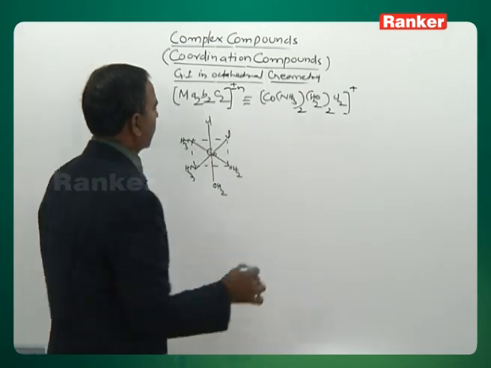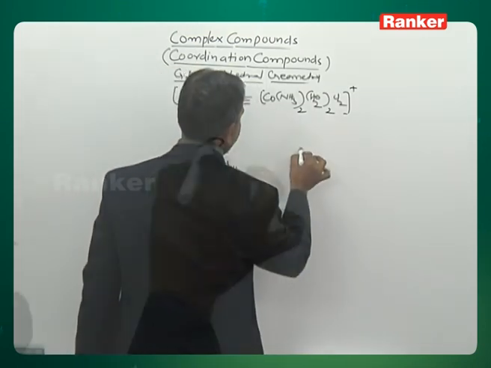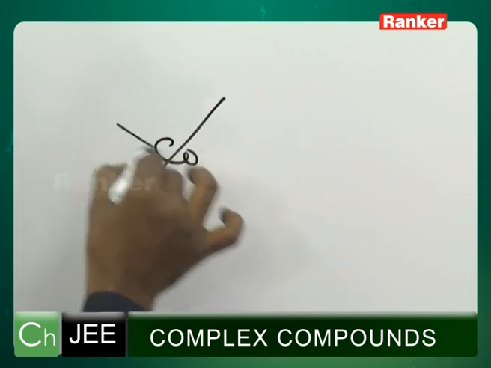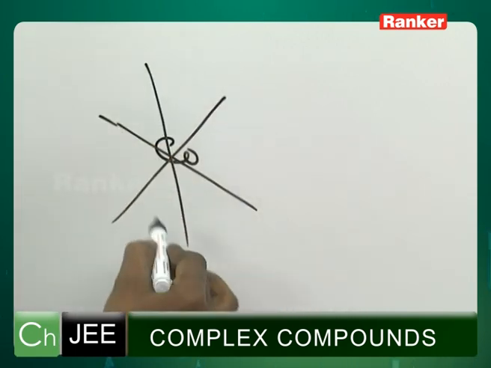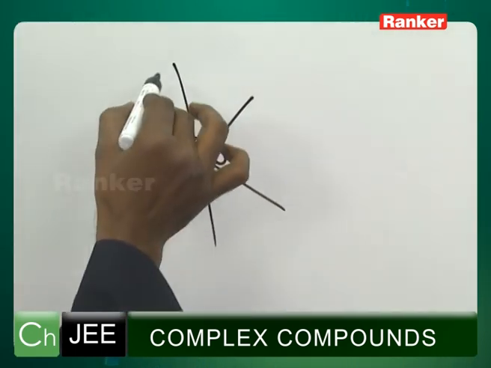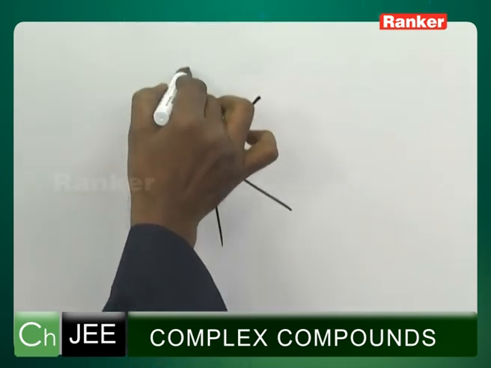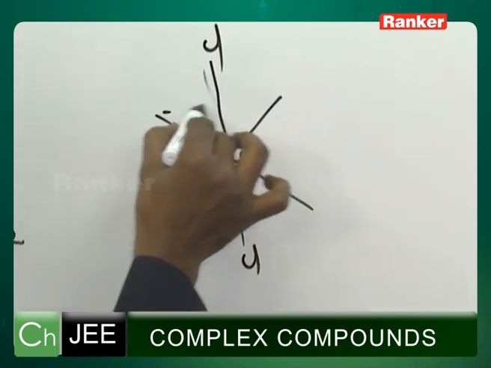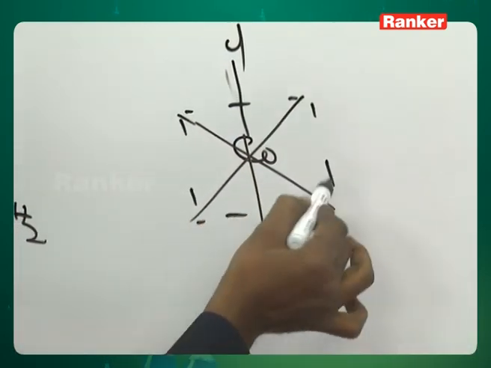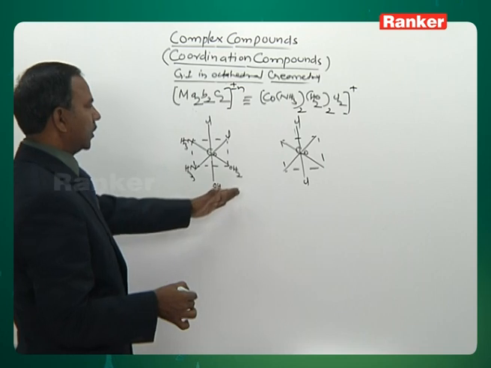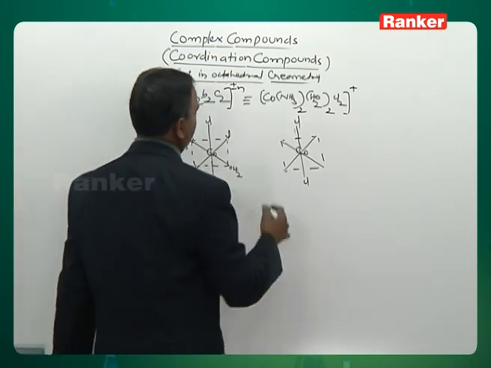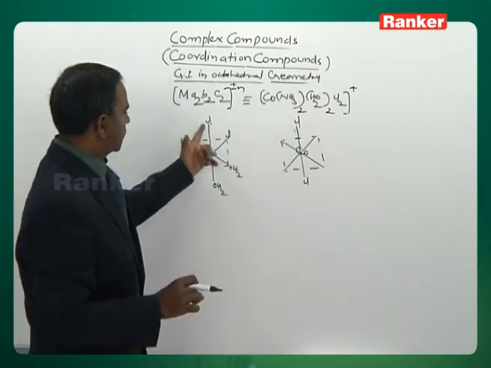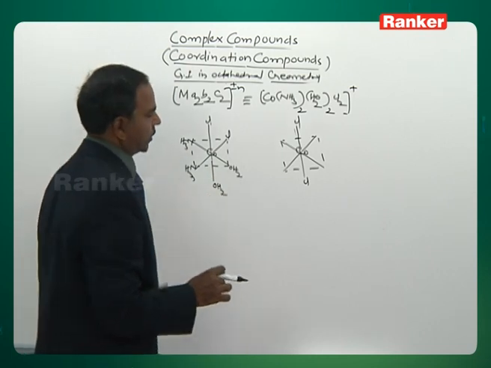One more, trans we write. Cl I am putting trans. In this particular complex, all the pairs I write trans to each other. Here all cis to each other, cis to each other, cis to each other.